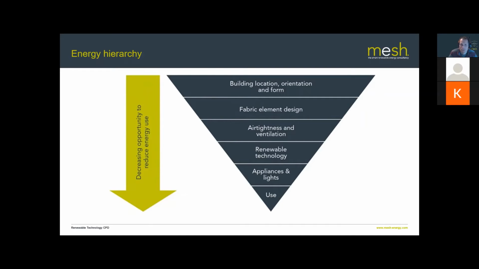But you can obviously do something with the ventilation. And that's where we're at. So we're at this third level here. So hopefully we've addressed these two top elements prior to moving down to this third air tightness and ventilation phase.